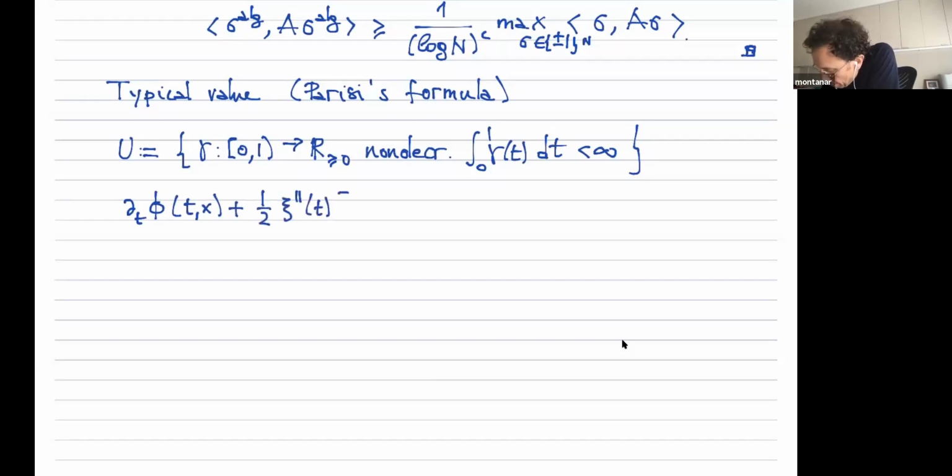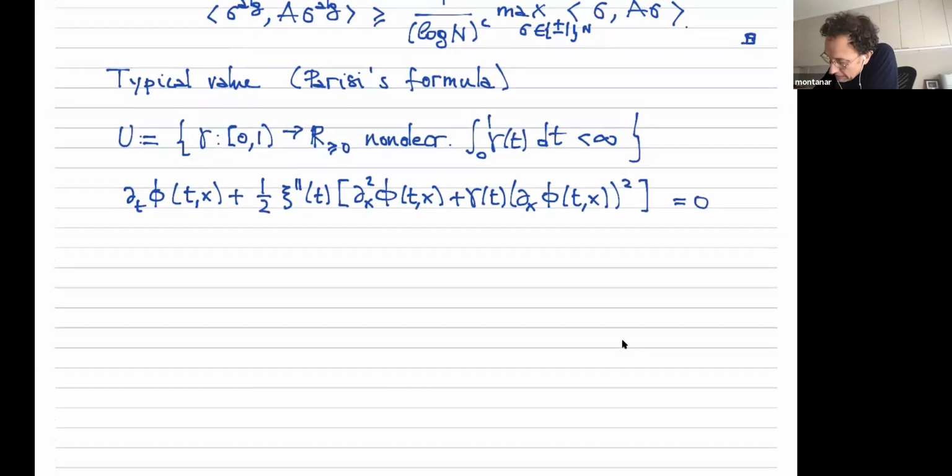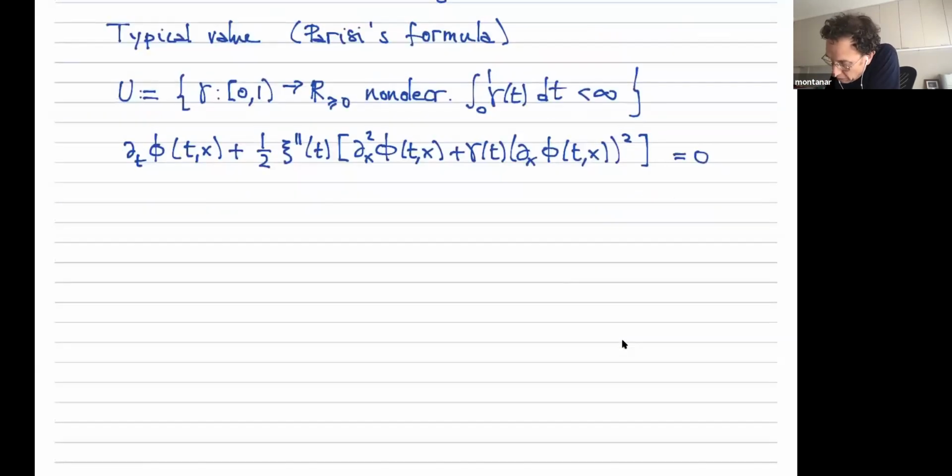This is a PDE that you solve backward on the interval.